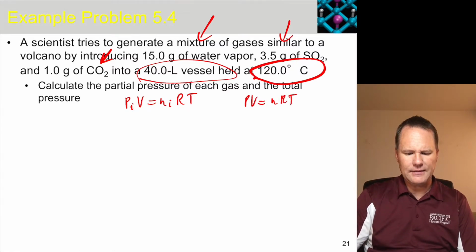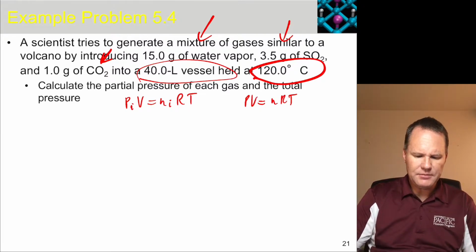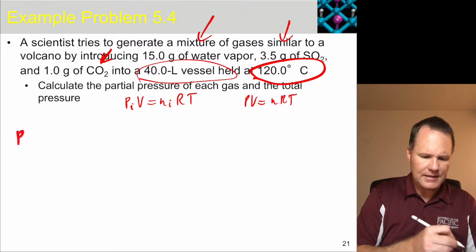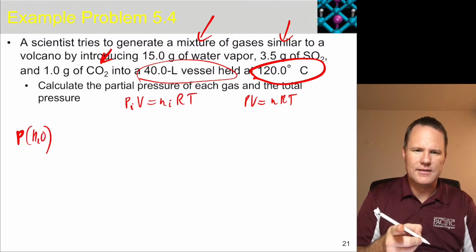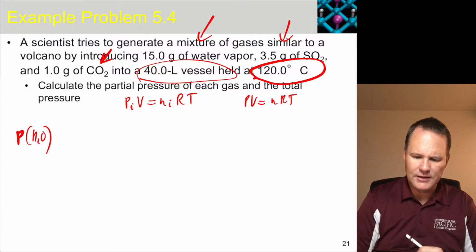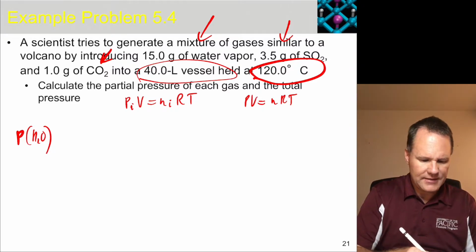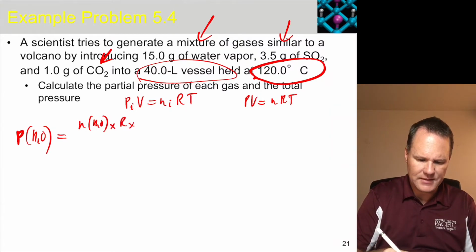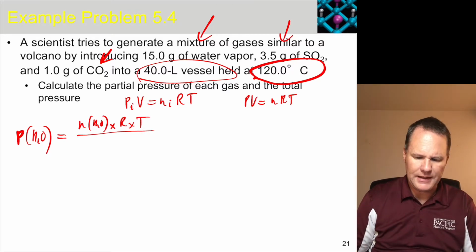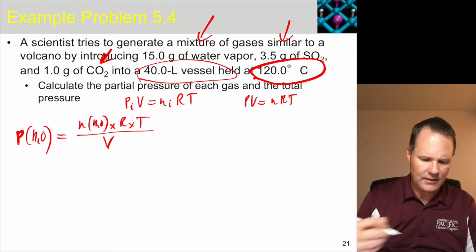And so if I want to calculate the partial pressures, it would be then, let's say, P water. So the pressure of the water vapor is going to be the number of moles of water times R times T divided by the volume of the container.